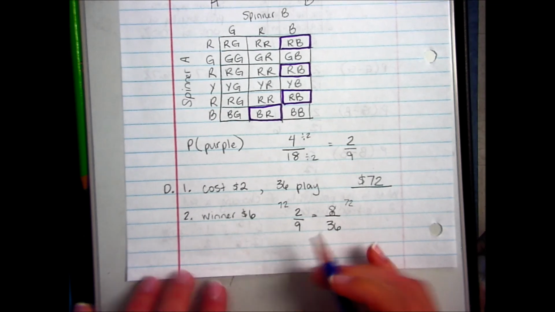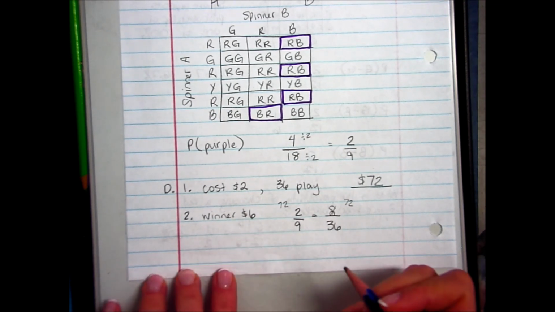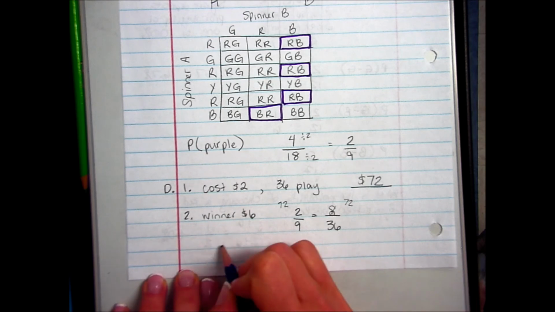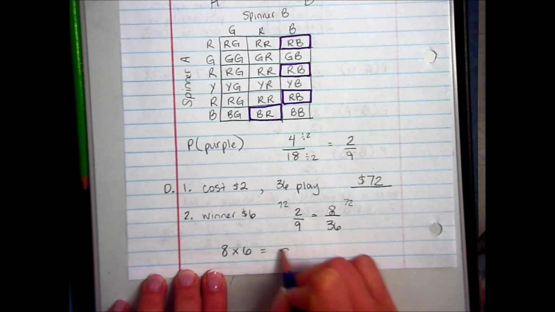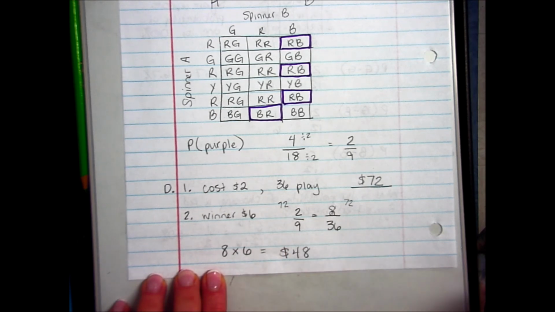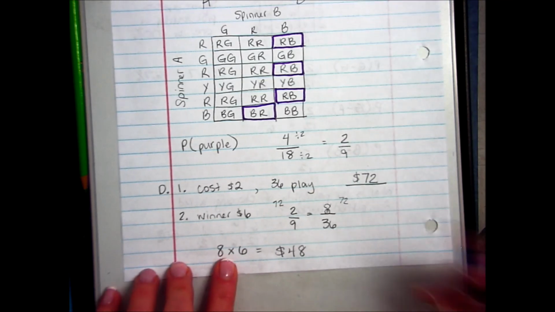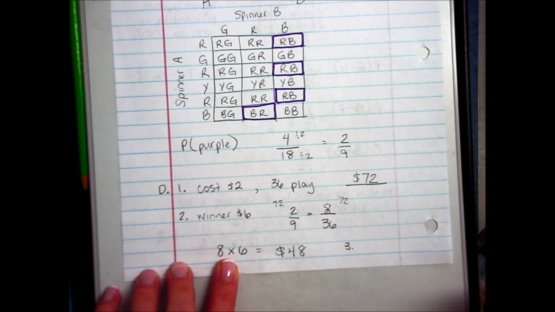All right, and if the winners get $6 each, and we take 8 winners times the $6, the school would expect to pay out about $48. So then the final question is, well, how much profit will they make then? If the theoretical probability occurs, approximately how much profit should they make?